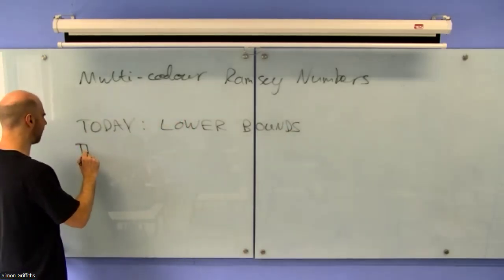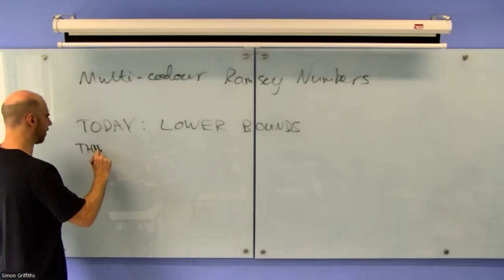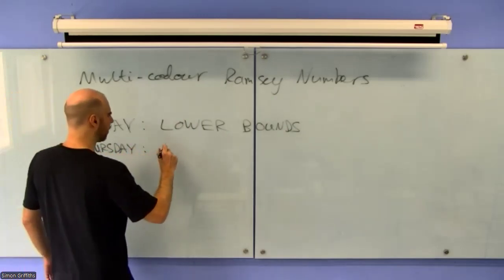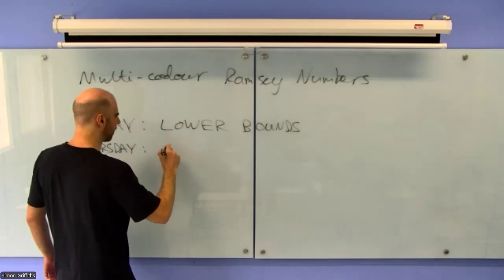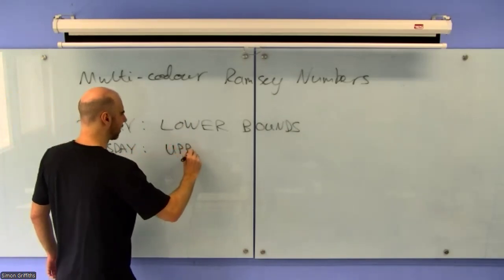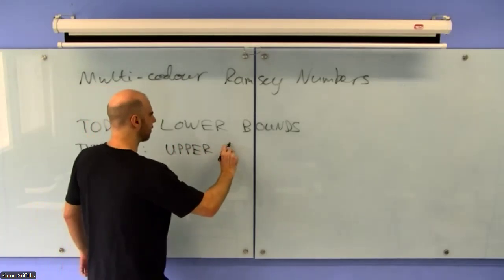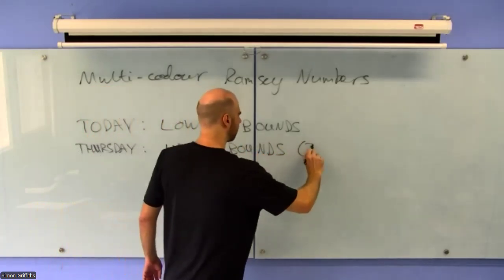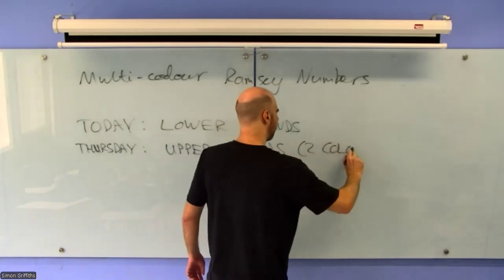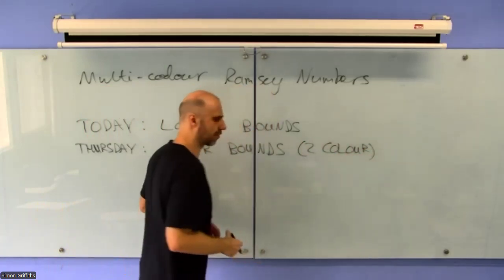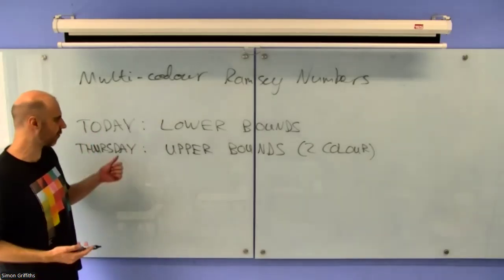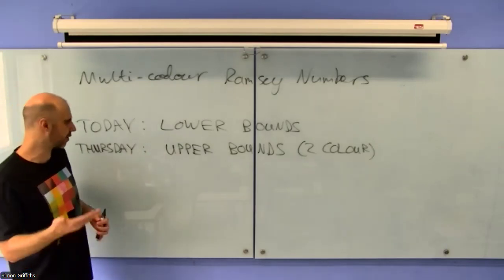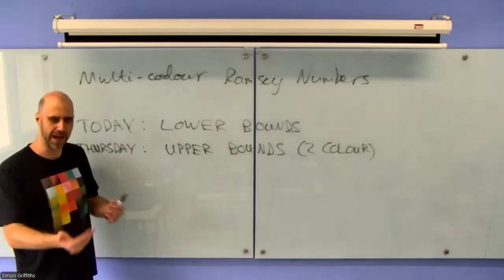On Thursday, which is the next class, we will talk about the upper bounds, particularly in the two-color case, that we already know, and discuss the difficulties with generalizing to more colors, at least with the types of proofs we had before.